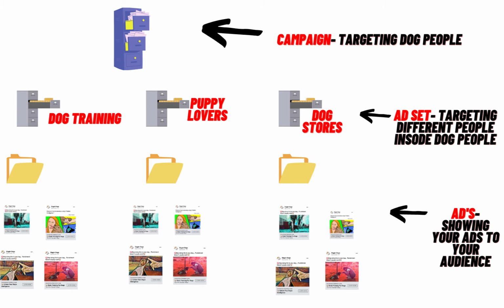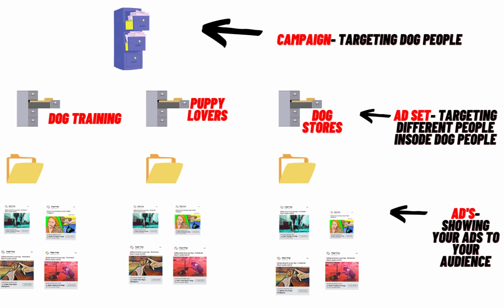And let's say we have a third ad set, and on the bottom, we're going to target people who love to go shopping and buy stuff for their dogs, right? Their pets. They love to look at stuff that they love, collars, leashes. They love to go and shop at Petco, right? Which is a store for dogs, PetSmart, Chewy.com, whatever the case is.